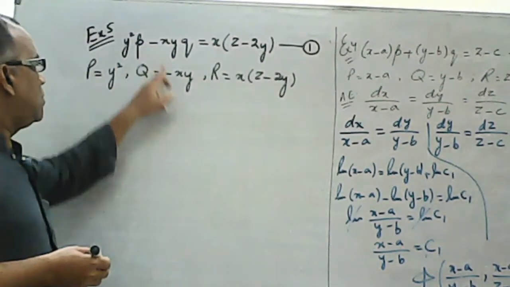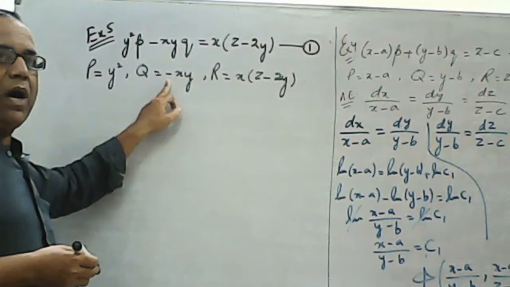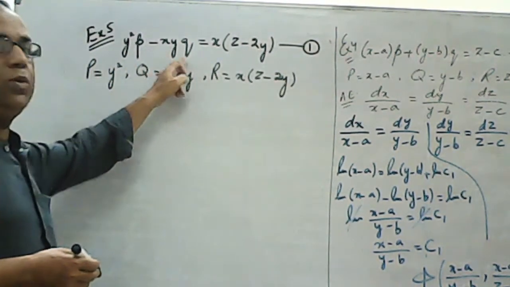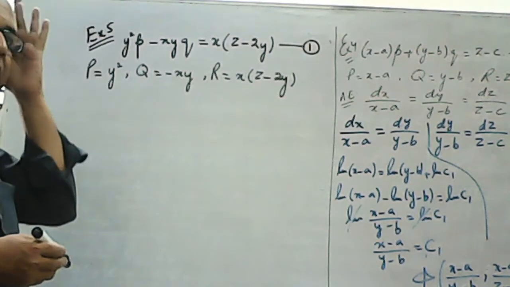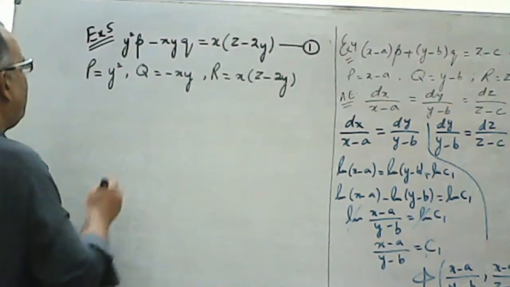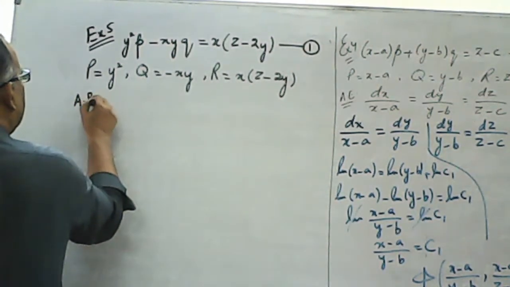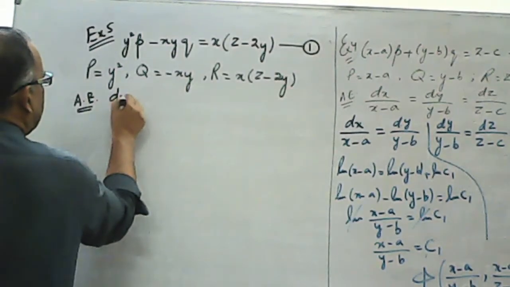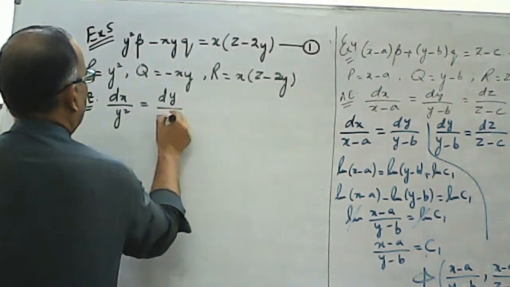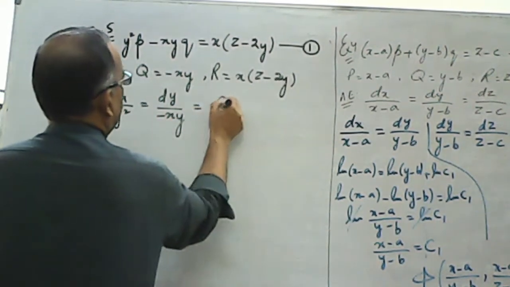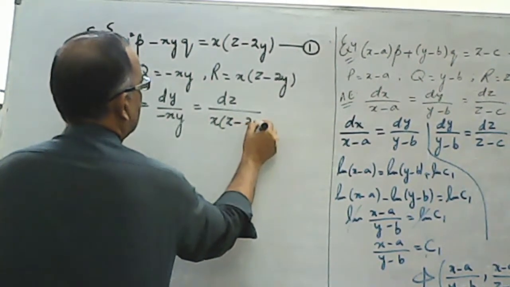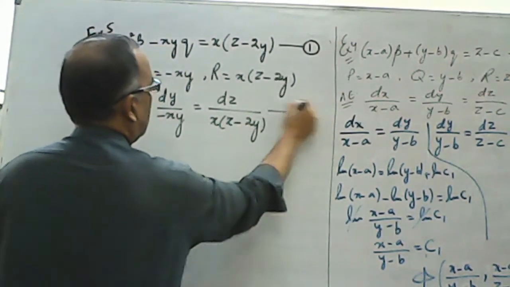Look, I took the minus sign as well. Why? Because in its standard form it is Pp plus Qq, so if there is any minus, it will be given to the term. So now the auxiliary equation is dx over y square equal to dy over minus xy equal to dz over xz minus 2y. This is equation number 2.